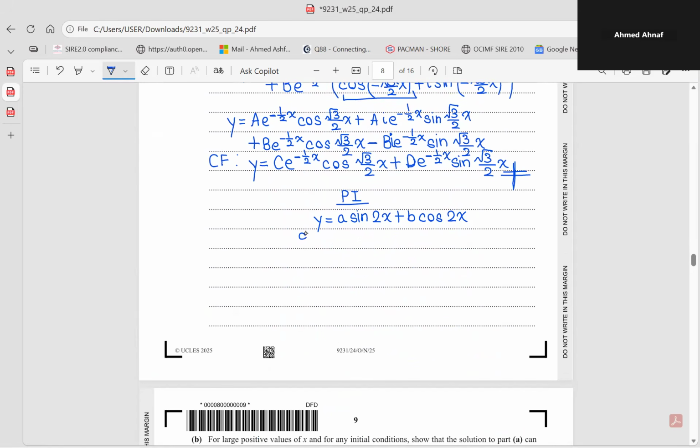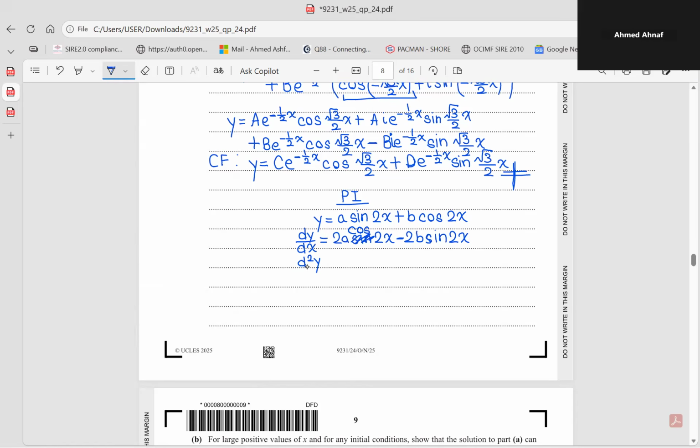And now we're going to find dy/dx, which is 2a cos 2x. And cos 2x differentiates to minus sine 2x, so this is going to be minus 2b sine 2x.